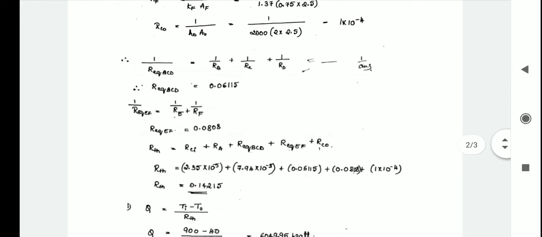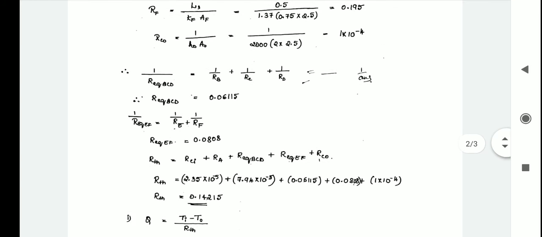So 1 divided by R equivalent BCD is 1 divided by RB plus 1 divided by RC plus 1 divided by RD. Taking the reciprocal, you get R equivalent BCD is 0.0615 degree Celsius per watt.